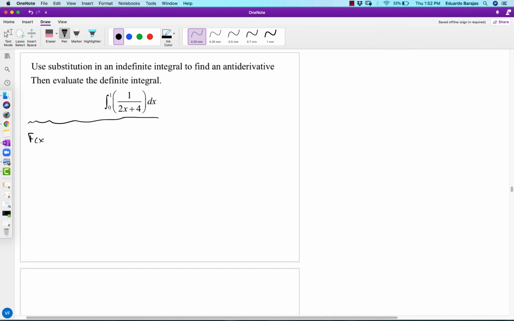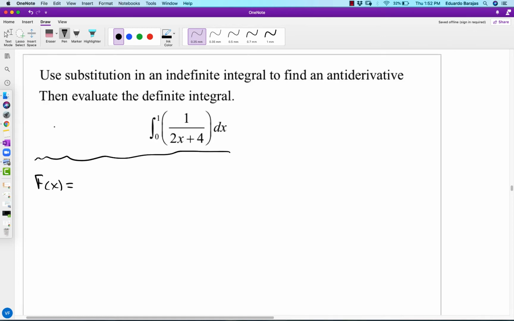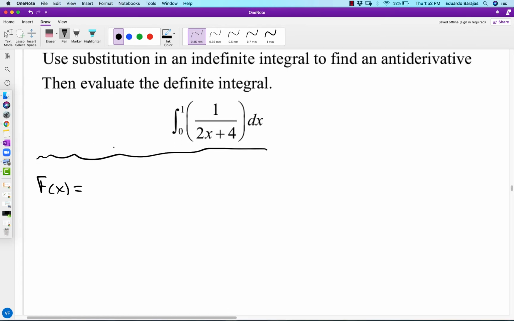So capital F of x is going to be equal, let me zoom into here, is going to be equal to the integral of 1 over 2x plus 4 dx. Remember, the difference is here we have limits of integration from 0 to 1. Here there's no limits, therefore this is an antiderivative. Right? This is a definite integral. This is area underneath a curvature kind of stuff. This is an antiderivative. This is just the reverse of taking derivatives.